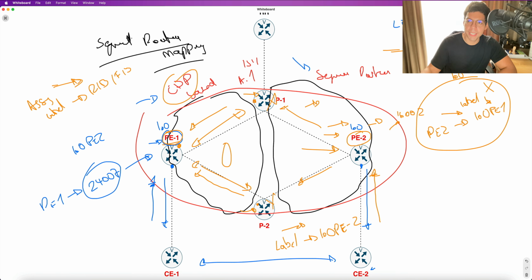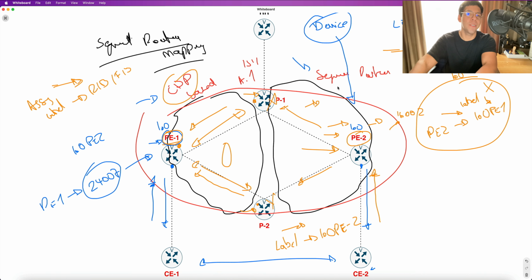So what we need in this case is a device that will tell P2, hey, this is the prefix SID, or the label, sorry, for a loopback of P1. Take it and use it for the forwarding of the traffic, right? So we need some device that will tell us and will be able to communicate that to P2.